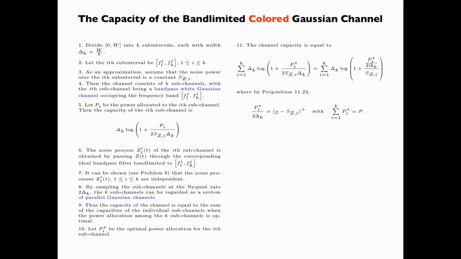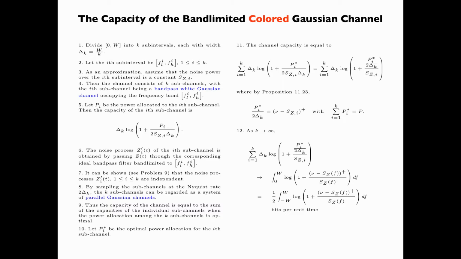where the water level ν can be obtained from the constraint summation of Pi*, i from 1 up to k, equals P. As k tends to infinity, where k is the number of subintervals, the capacity of the system of parallel Gaussian channels given by this summation tends to the integral from 0 to W of log(1 + (ν - S_Z(f))+/S_Z(f)) df.